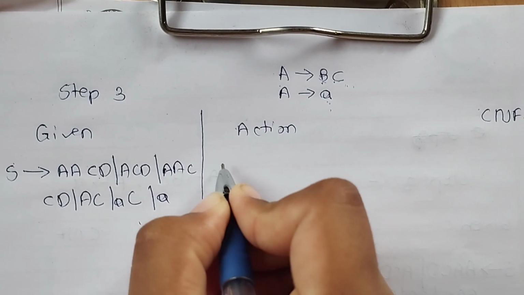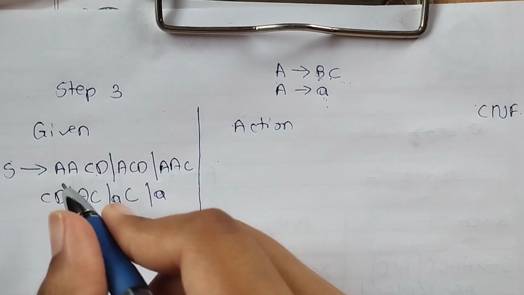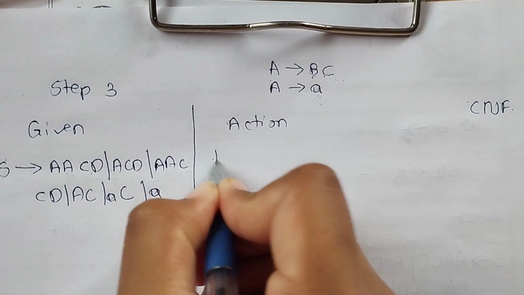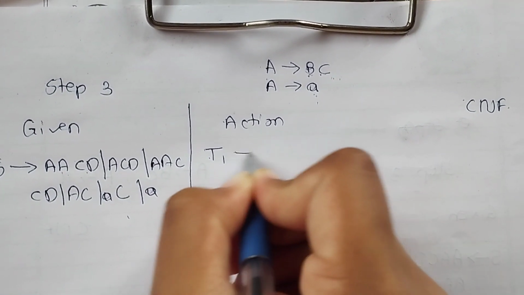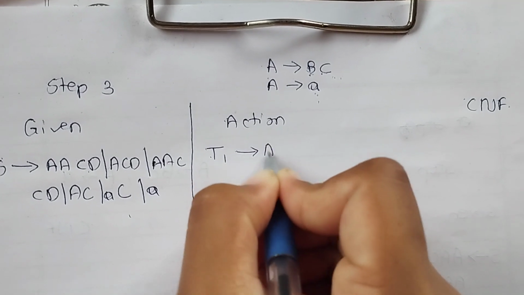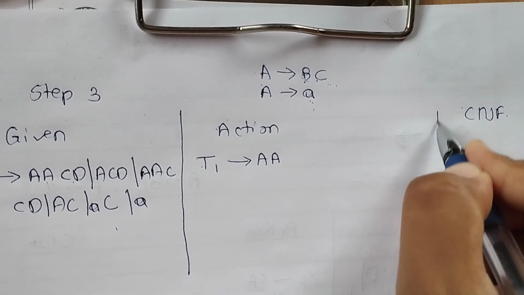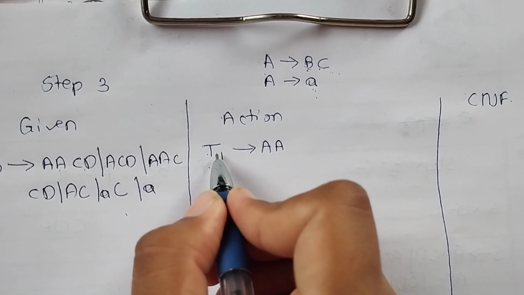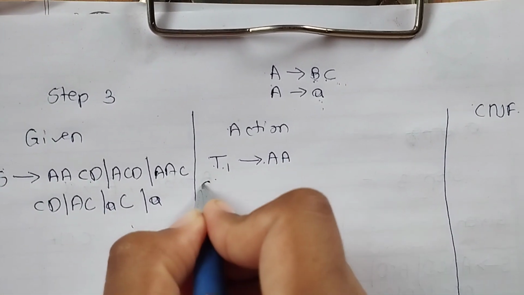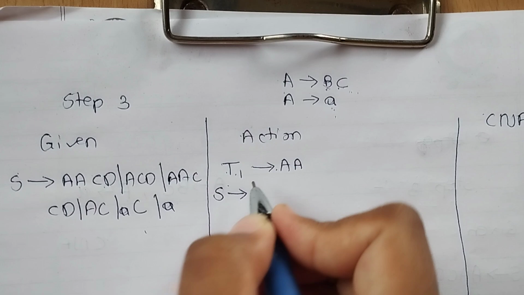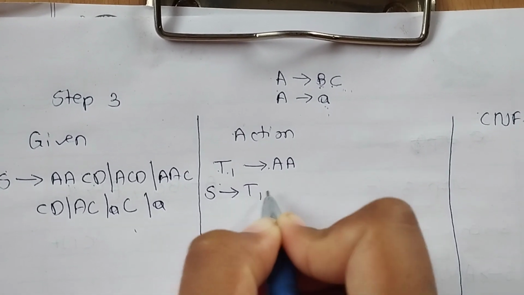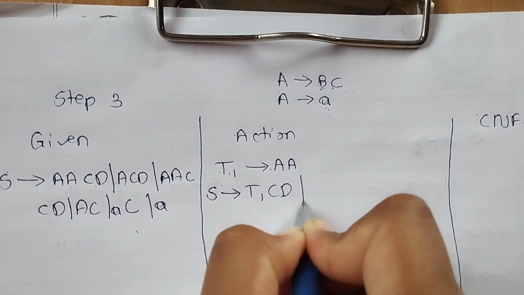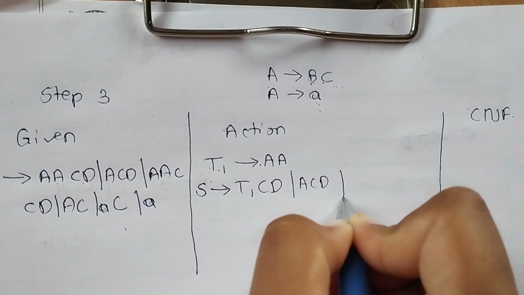Let's assume first this AA as T1. We write T1 for our AA. So now our S is T1 CD, ACD.